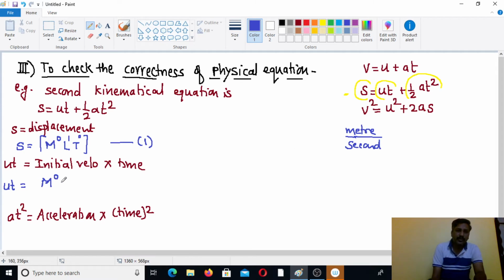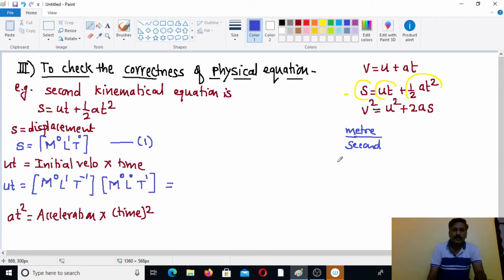Therefore mass raised to 0, length raised to 1, because meter is a unit of length and it is present in the numerator part. And second is a unit of time, but there is only one power for second and it is present in the denominator. Therefore it becomes T raised to minus 1. And the unit of time is a second. There is only one term, so I will write in this way.